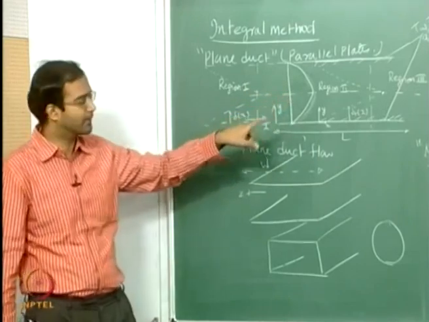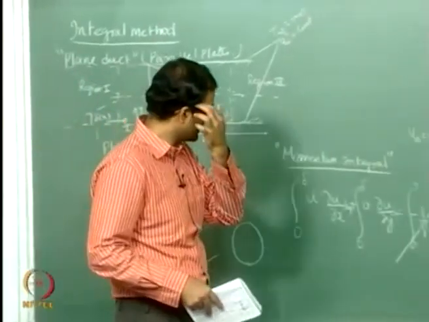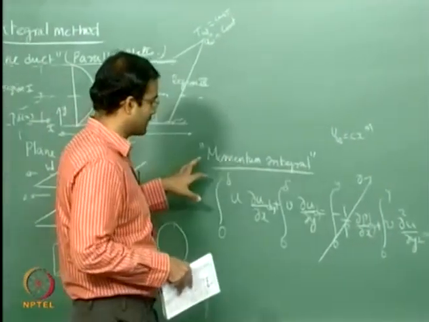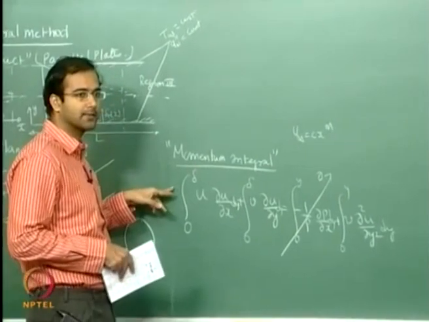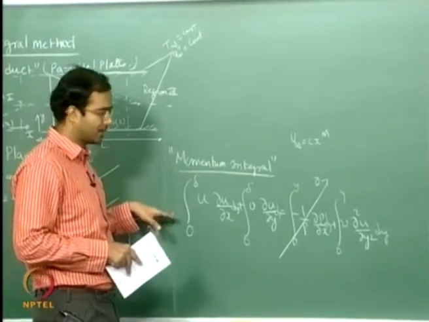Okay, so that you should keep in mind. So this is basically the structure of the hydrodynamic development. It's not very different from your flat plate case, however a lot of approximations are involved.